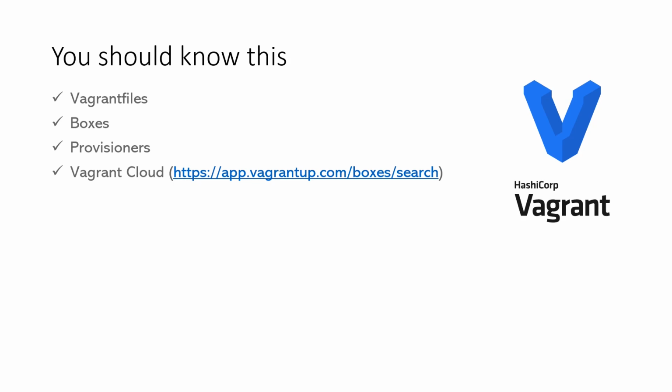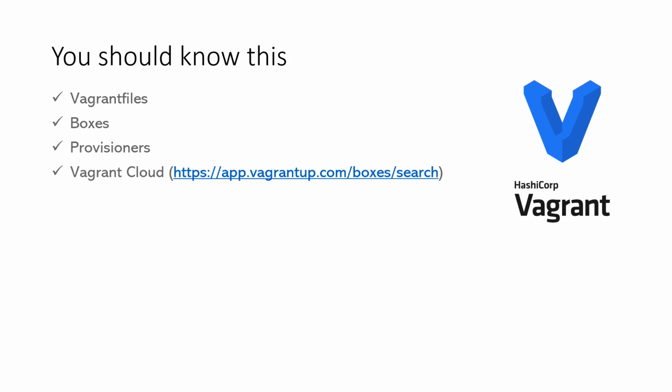The last one is Vagrant Cloud. You should also know what Vagrant Cloud is. It is a kind of repository for Vagrant boxes, so you can search there and get those boxes. Boxes help you launch virtual machines.